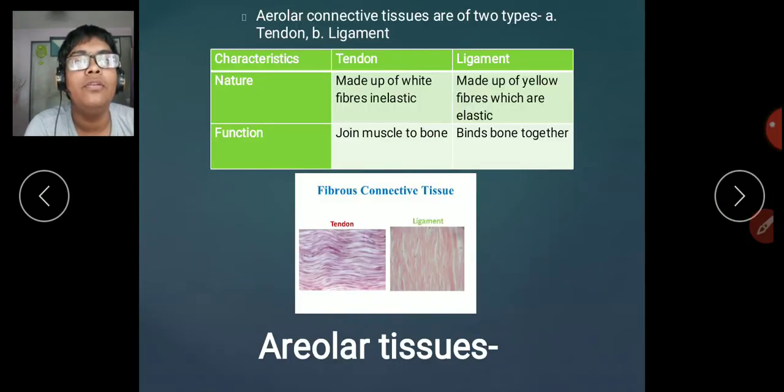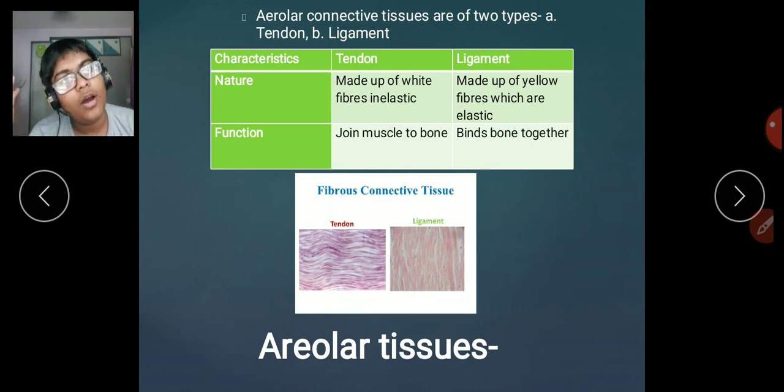Let's go ahead learning about the types of these areolar tissues. As we saw, areolar tissue is made up of white fibers and yellow fibers. The white fibers form a tissue, and the yellow fibers form a tissue. They are tendons and ligaments. The tendons are made up of white fibers and they are usually inelastic. They are not elastic, they are stiff.